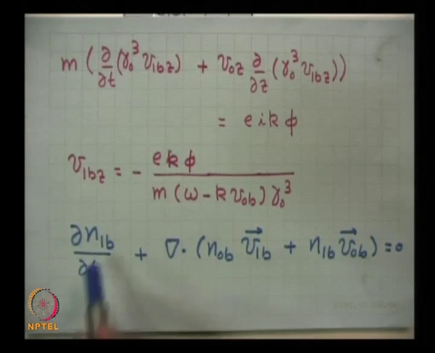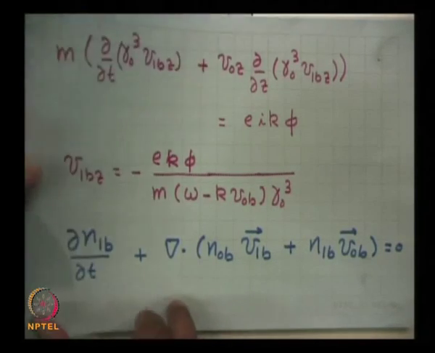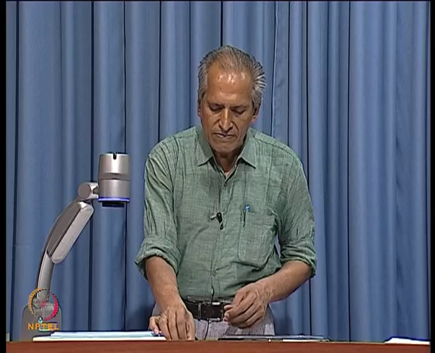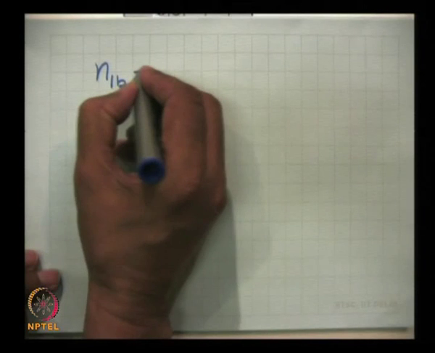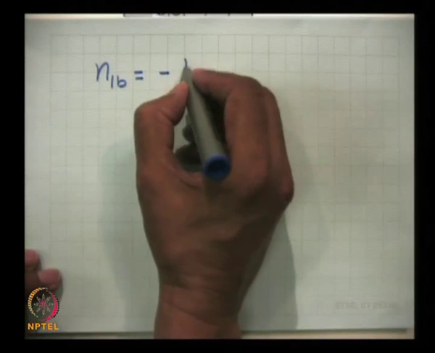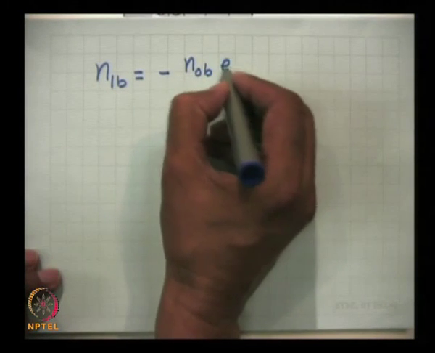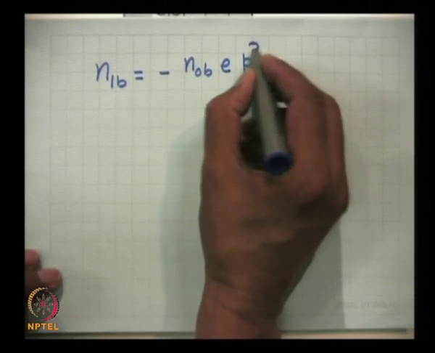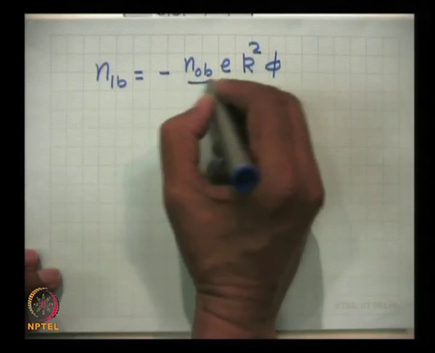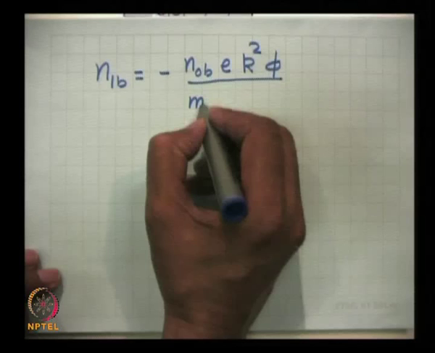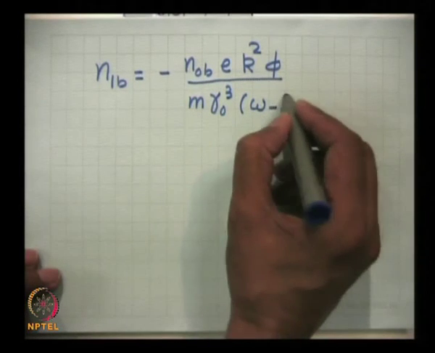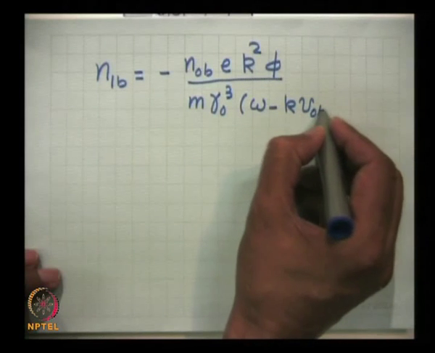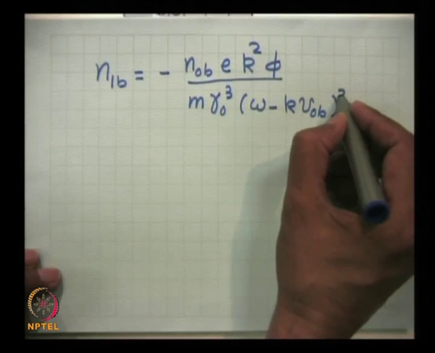So you will get an expression for perturbed beam density, and that turns out to be very similar to before, and the value is N1b is equal to minus N0b E k square phi upon m gamma 0 cube omega minus k V0b whole square.